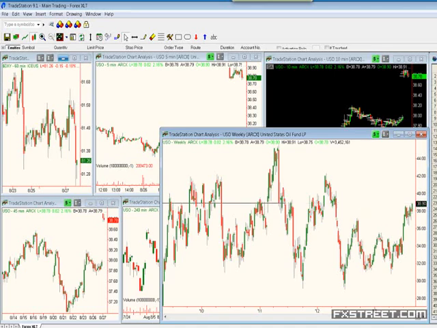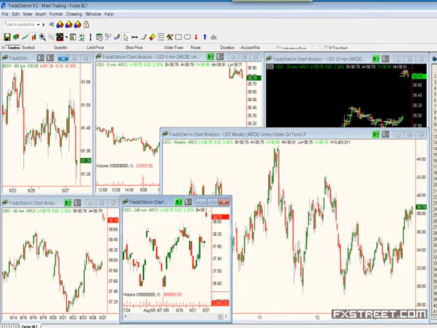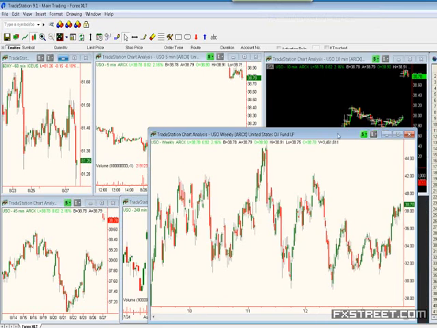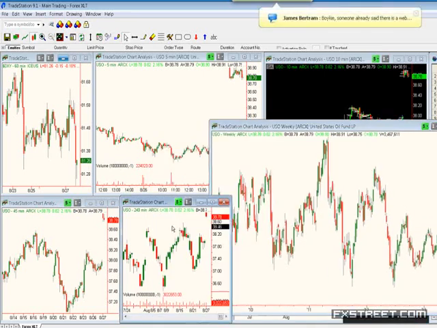Okay, so USO has got this level up here with another level sitting above it. It's doing a lot of basing coming up here, but if you look at the smaller time frames, okay, looks like a gap up today.